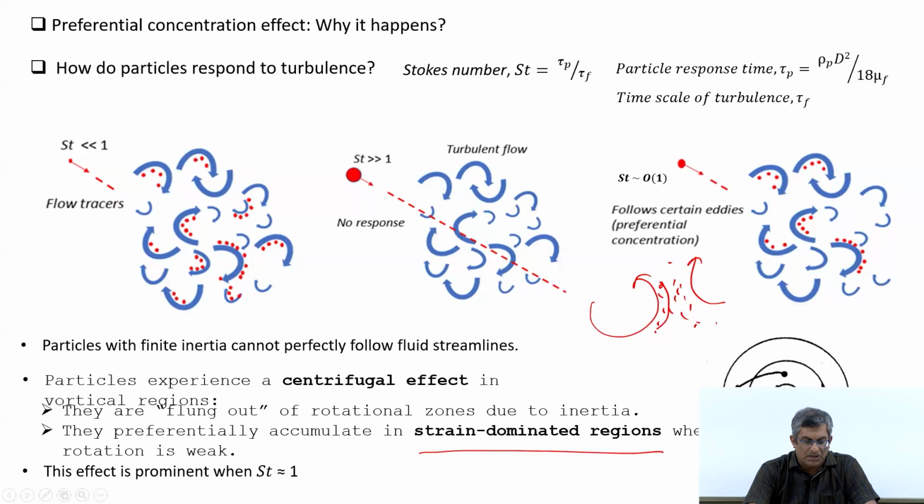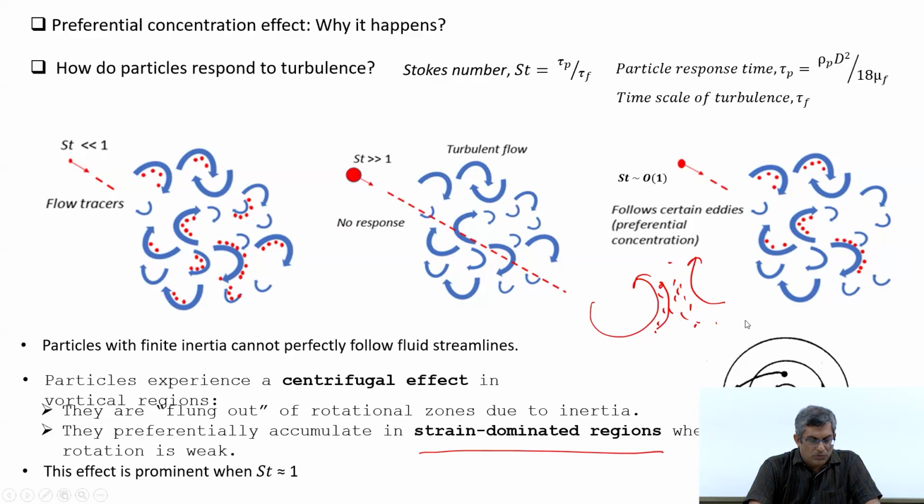This effect becomes prominent when the Stokes number is of the order of 1. So, preferential concentration happens when the particle relaxation time and turbulent flow time scale are of similar order. That is why the Stokes number is of the order of 1.